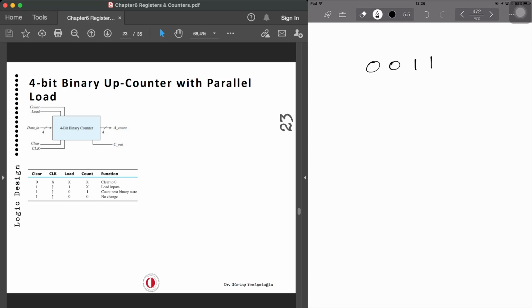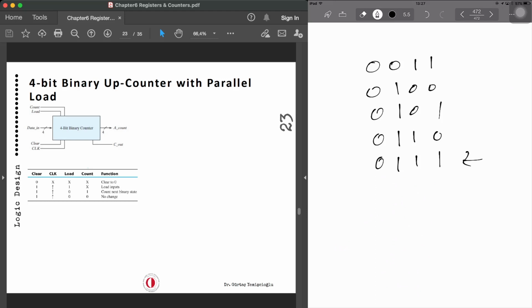Then on the next rising edge, if the count is 1, I start to count 0, 0, 0, 1, 0, 0, 0, 1, 0, 1, 0, 1, 1, 0, 0, 1, 1, and it goes like that. When the count changes to 0, I stop there. I wait until the count becomes 1 again, and I will carry on.